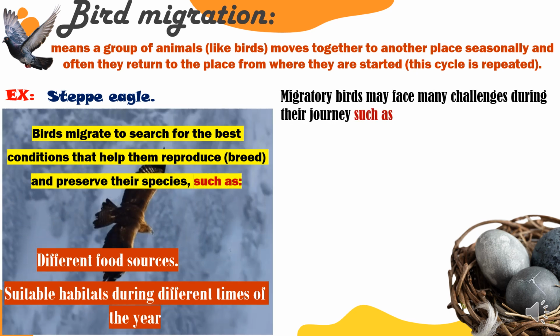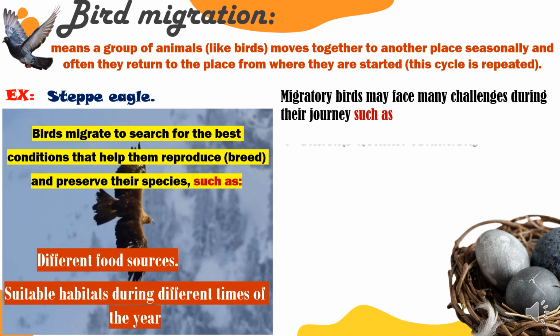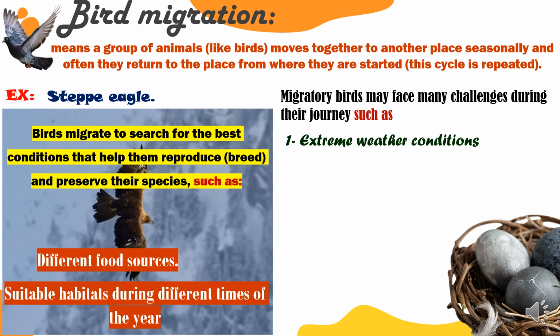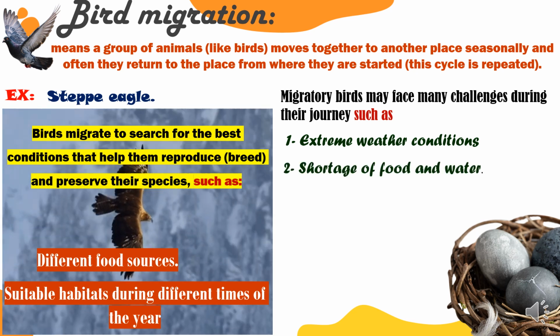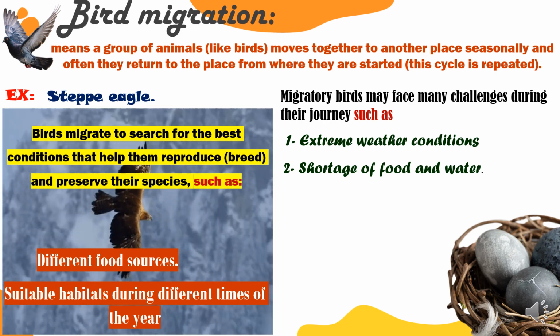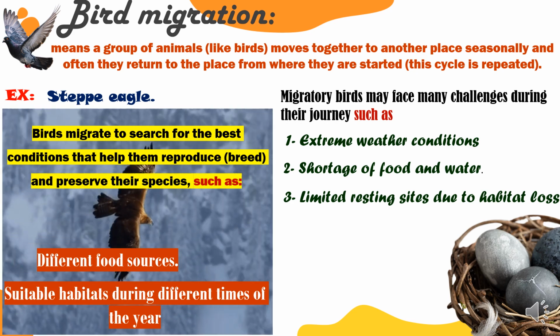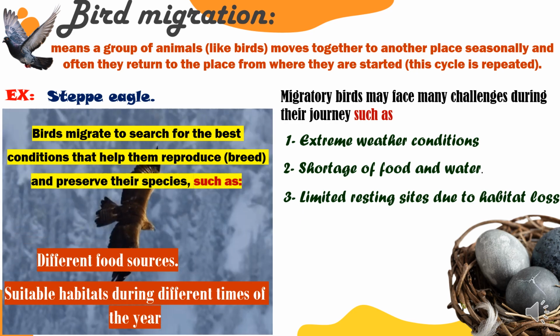Actually, migratory birds may face many challenges during their journey, such as, number one, extreme weather conditions, such as storms, rains, and so on. Number two, shortage of food and water. Shortage, as we said before, means less. Number three, limited resting sites or stopovers due to the habitat loss.